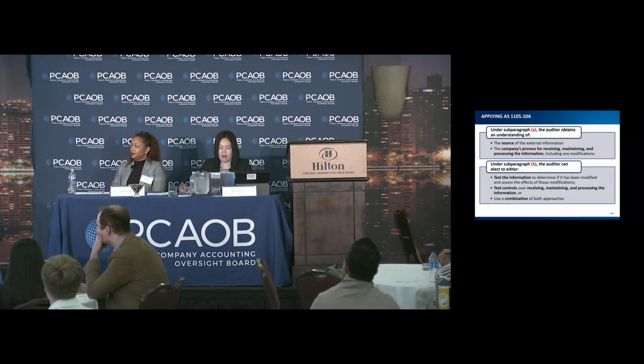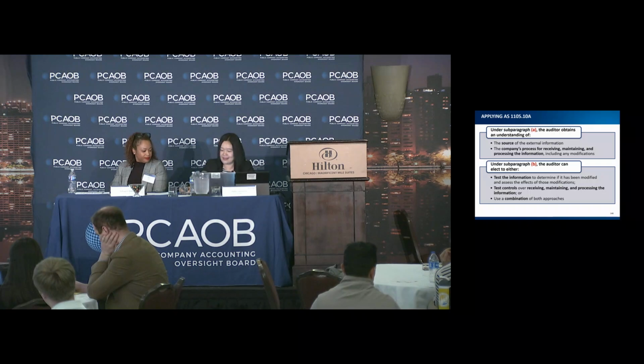It is important to note that when we talk about modifications, we don't only mean intentional changes. The nature of a company's process involving the information may also introduce unintentional errors.